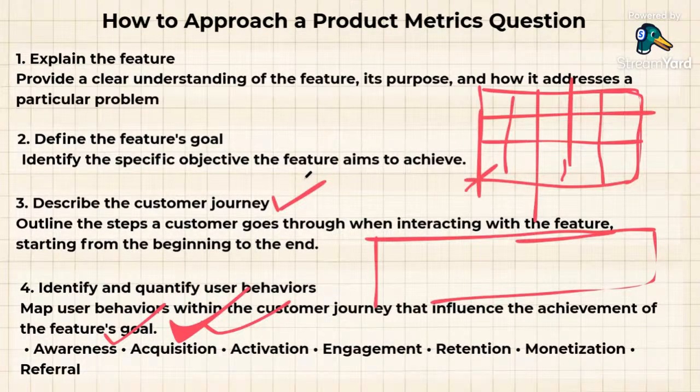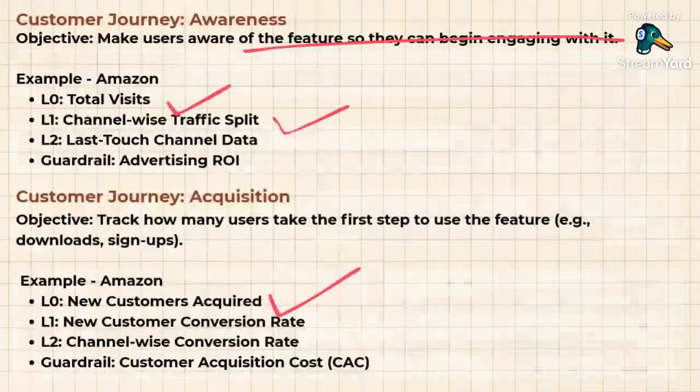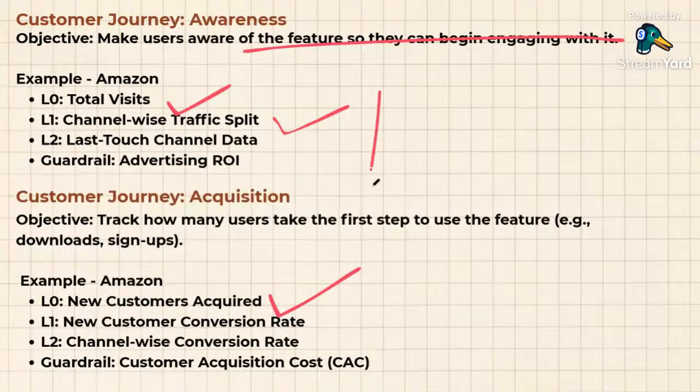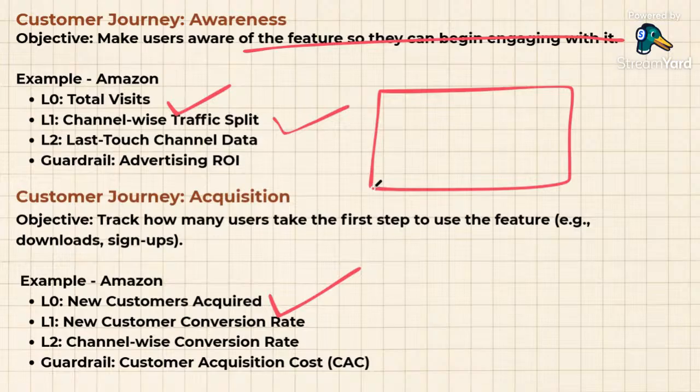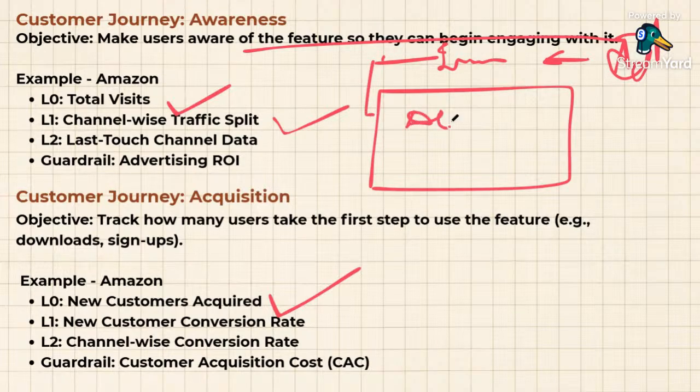For example, continuing the discussion on the WhatsApp status feature, we will create a metric tree. As I had already mentioned, the ad revenue they will be generating will depend upon the time the user spends on that specific application. And the very first metric would be the daily active users on that platform.